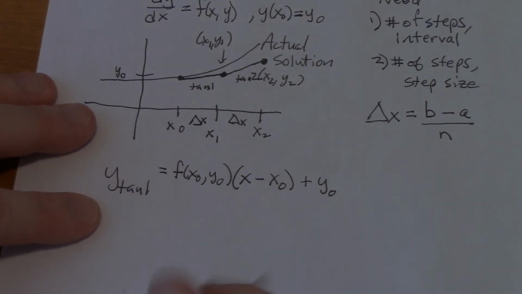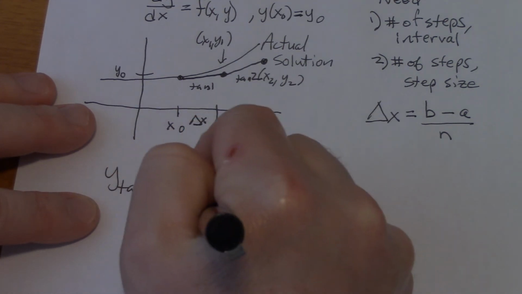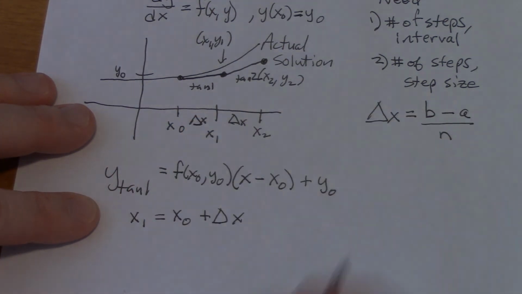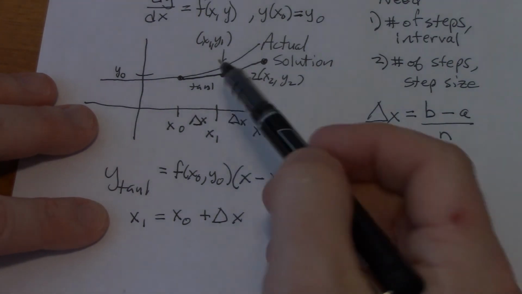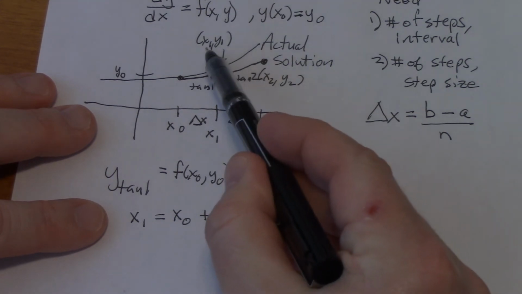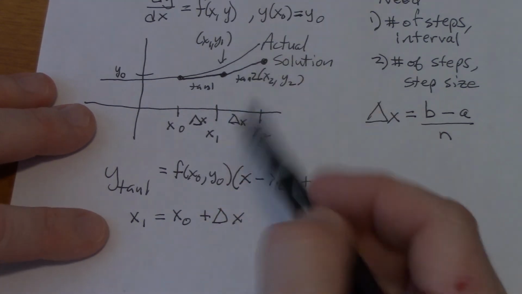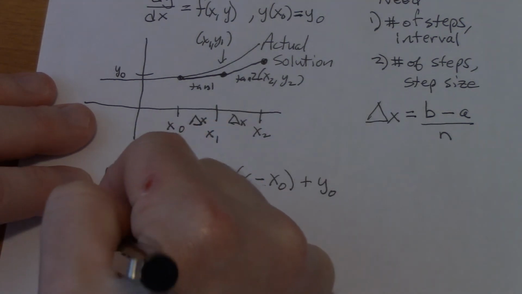Now notice that x1 is x0 plus delta x. So to get this endpoint here that I'm trying to figure out, I need the y value. I already know the x value. So I just plug this x value into this equation to get the y value.